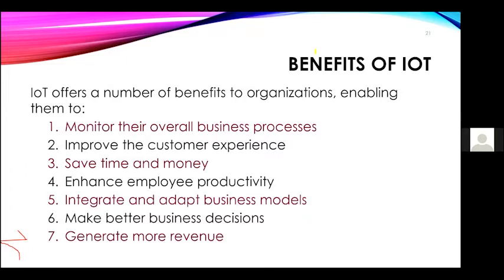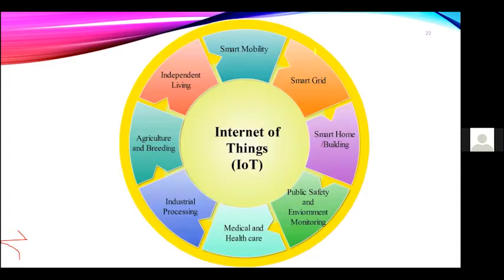So here we have the concluding benefits of IoT. IoT offers a number of benefits to organizations, enabling them to monitor their overall business process, improve the customer experience, save time and money, enhance employee productivity, integrate and adopt business models, make better business decisions, and generate more revenue.